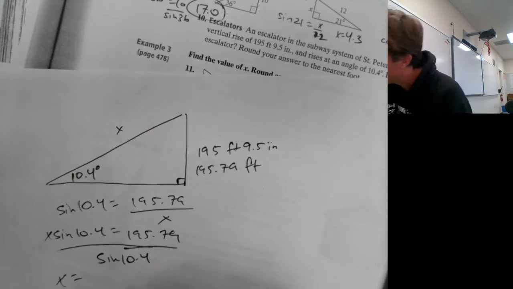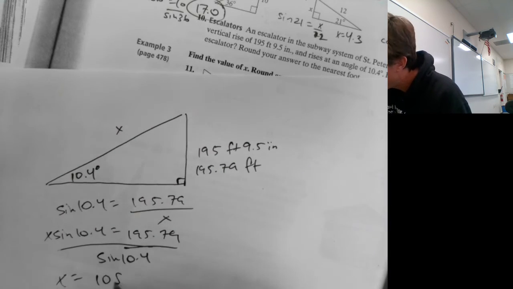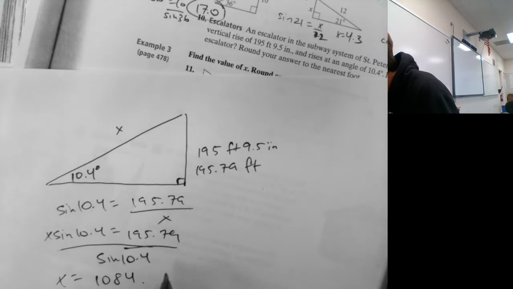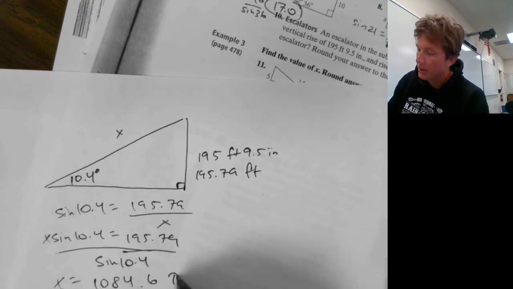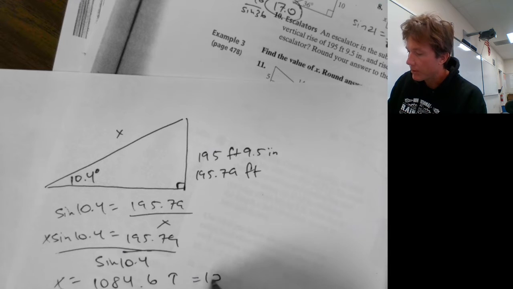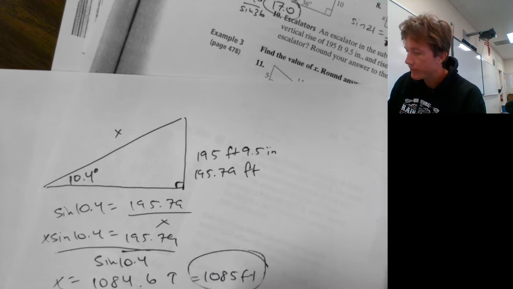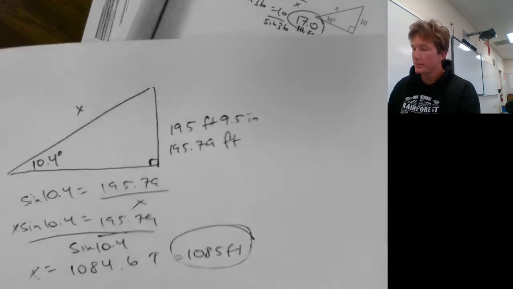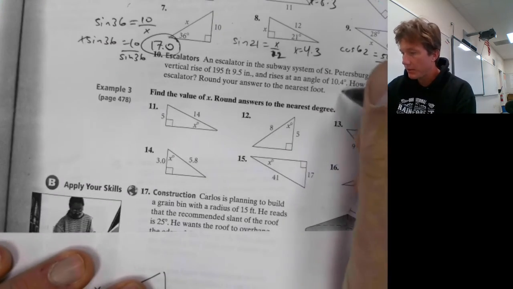So the escalator is 1084.6 feet, and it wants us to round it, so we're going to round it up. So that equals 1085 feet. Pretty big escalator. The answer for that one would be 1085 feet.